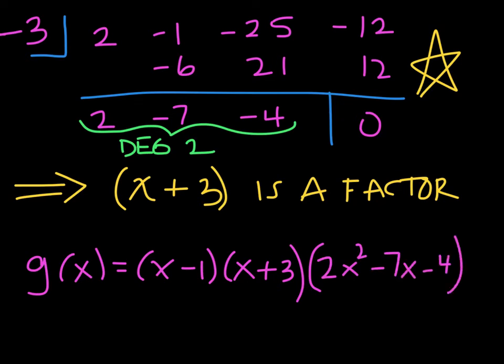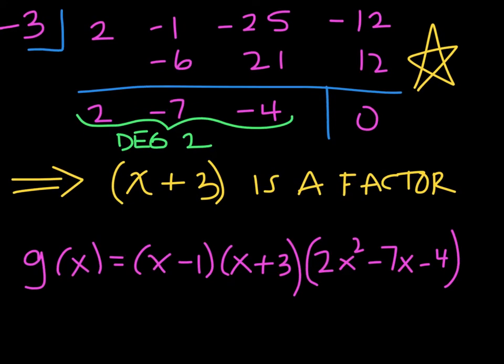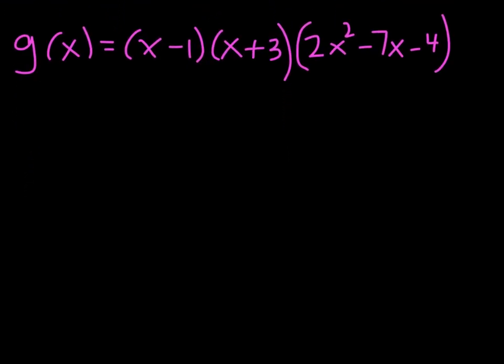Isn't that great? So synthetic division helped us get this factor and this factor. And then this is what remains. Let's factor this if we can to get the last 2 factors, all right? Let me move this up here. So then this here, let's see if it factors further.